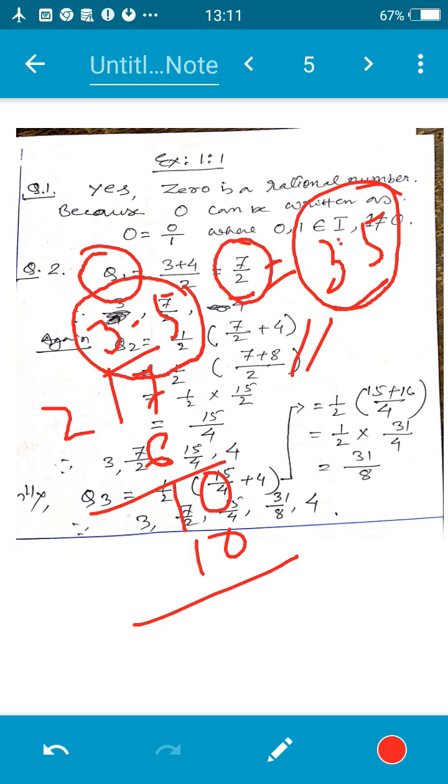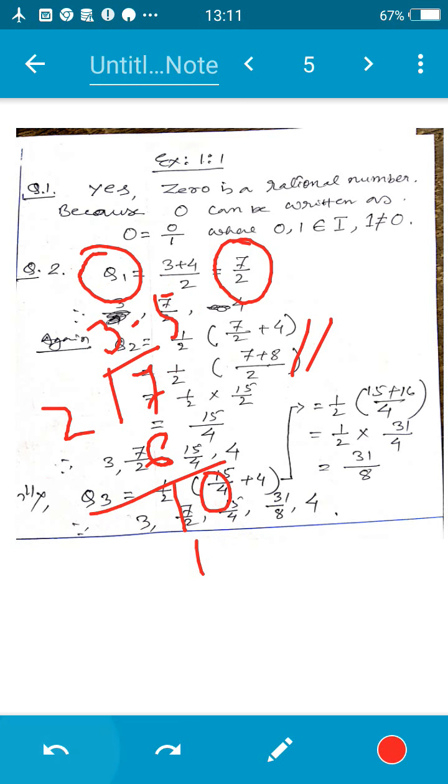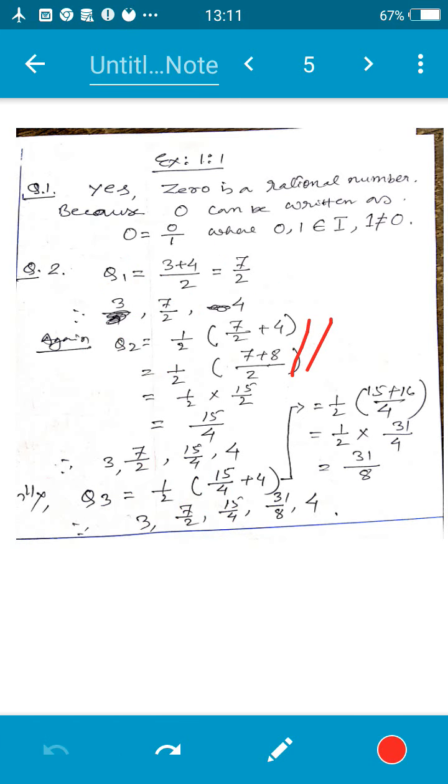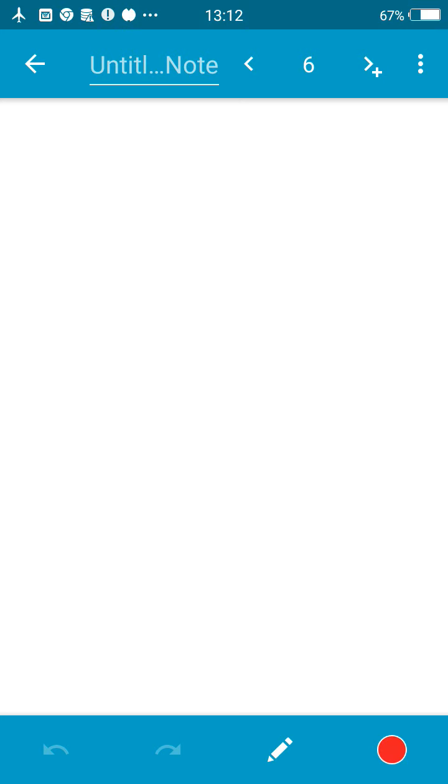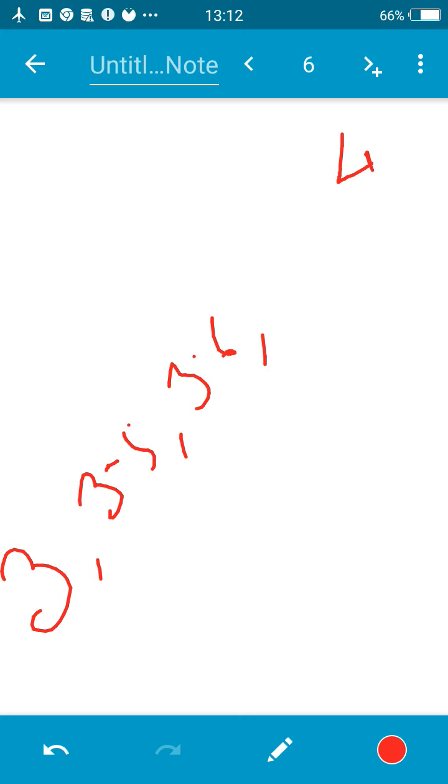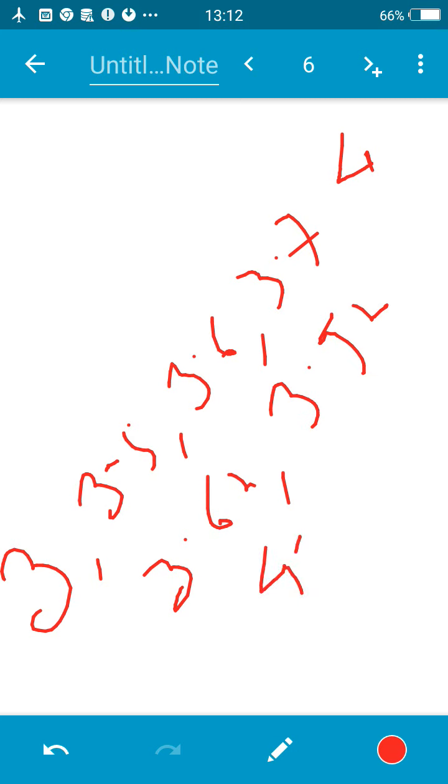So these rational numbers we have got in the form of terminating decimal expansion, so that instead of getting these rational numbers between 3 and 4 as 7 by 2, 15 by 4, or 31 by 8, we should get the rational numbers in the form of terminating decimal expansion also. Therefore the 6 rational numbers between 3 and 4 we can get in this form: 3.5, 3.6, 3.7, 3.62, 3.92, 3.7, like this.